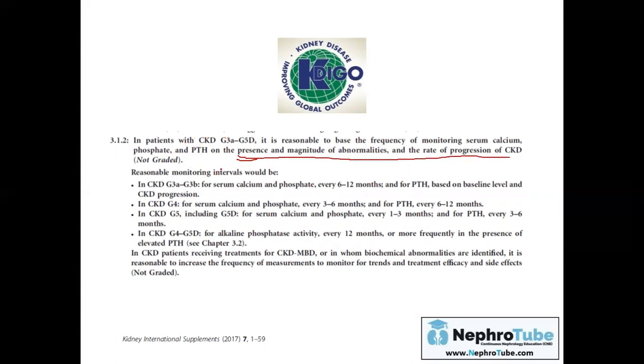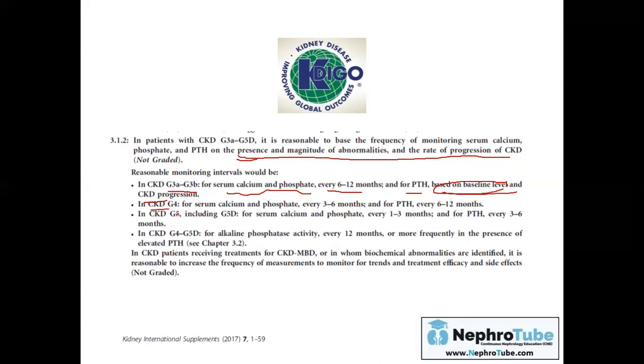But reasonably, in stage 3, serum calcium and phosphate are monitored every 6 to 12 months. For PTH, monitor at baseline level and with CKD progression. So you have to monitor it only at baseline, and if the CKD progresses, you have to monitor it again.